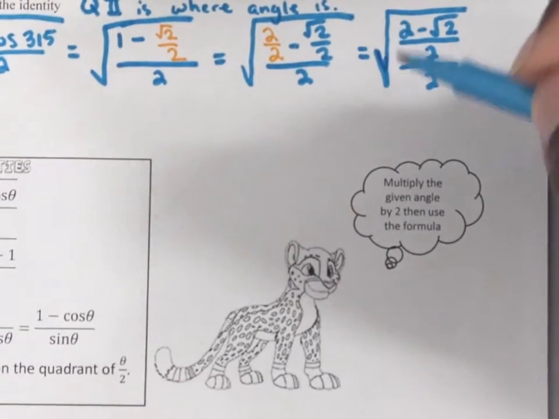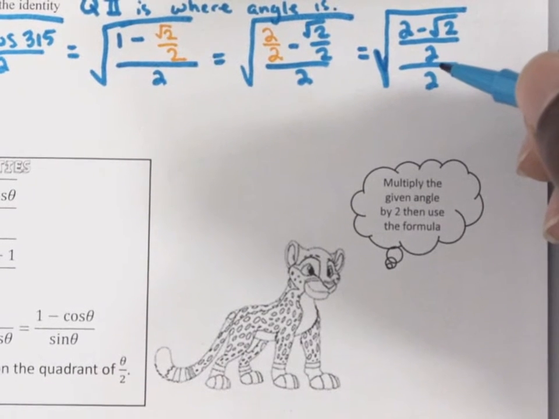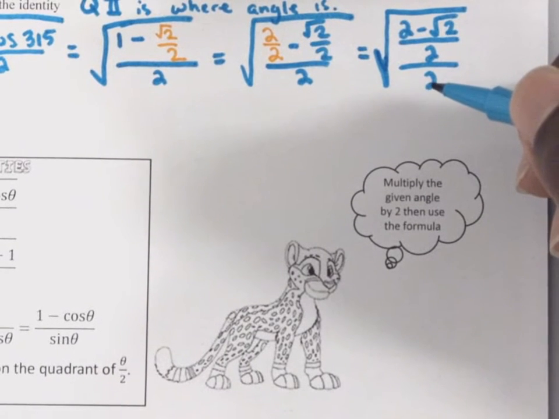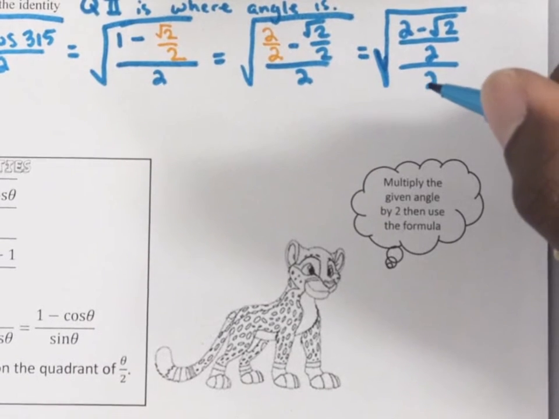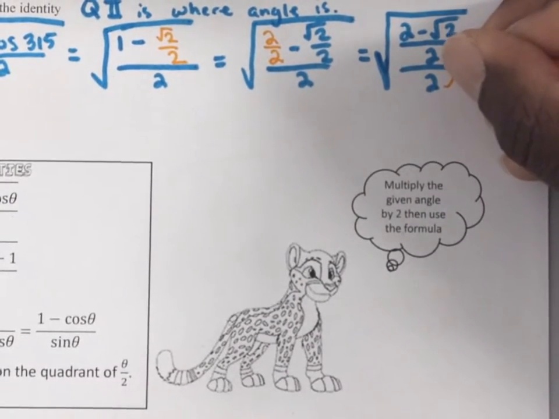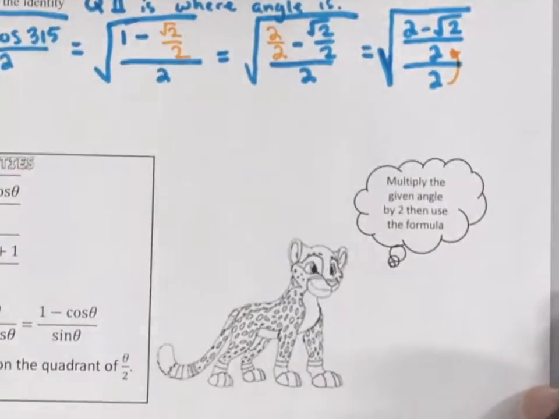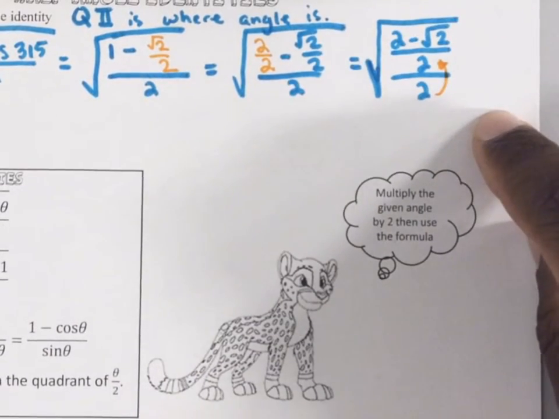Okay, so at this point, I would keep this top fraction, change the division to multiplication, and flip 2 to be 1 over 2. I could do that for sure, or since the bottom is a whole number, I'll just move it up here and do 2 times 2. It's the same as multiplying this top by 1 over 2.